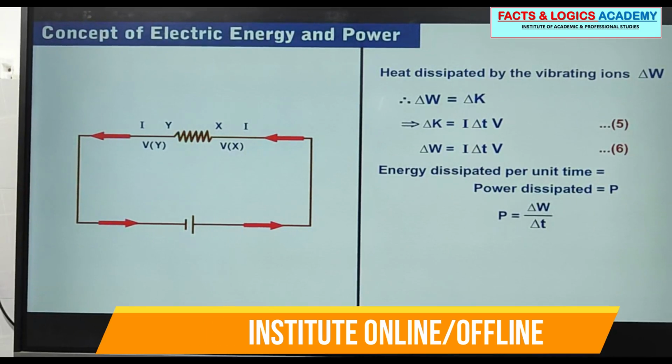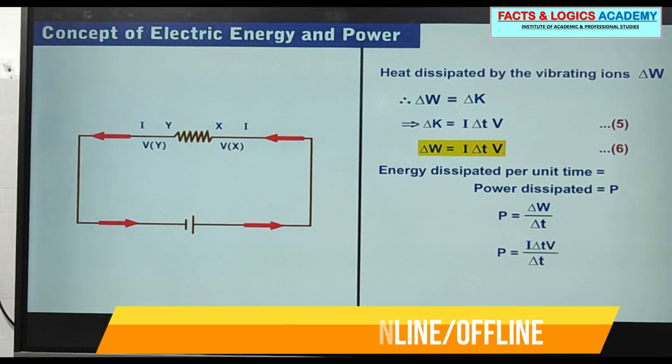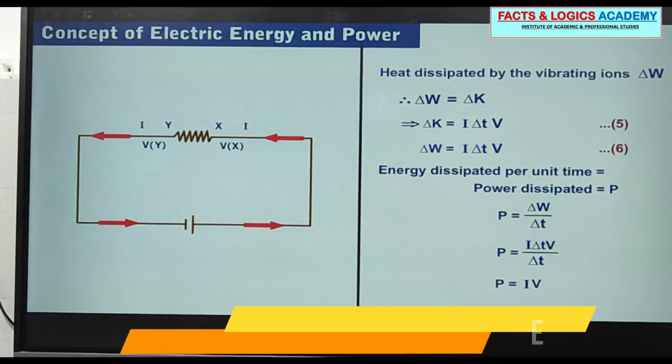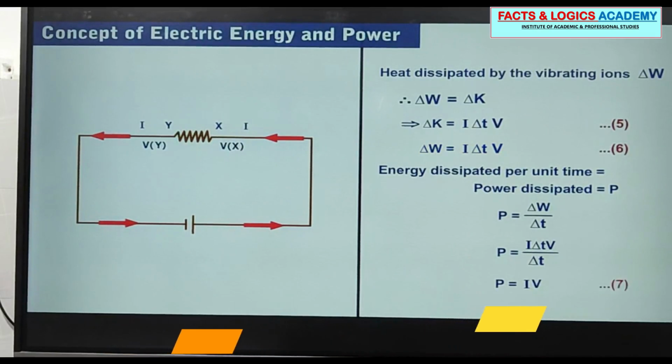Substituting the value of delta W from equation 6 in the above equation, we get P is equal to I delta t V by delta t. On further simplifying, we get P is equal to IV. Let this be equation 7.